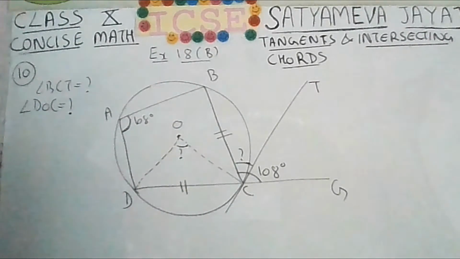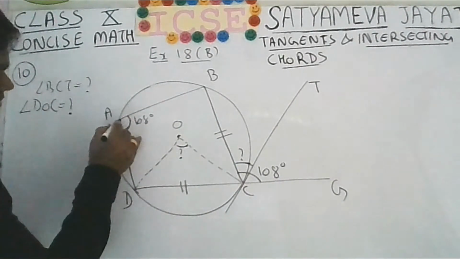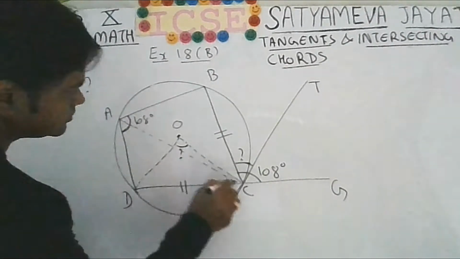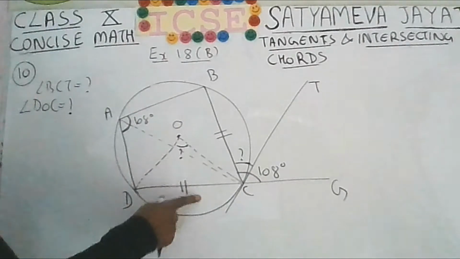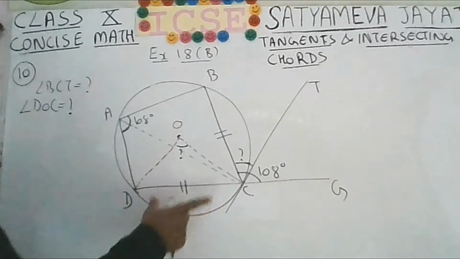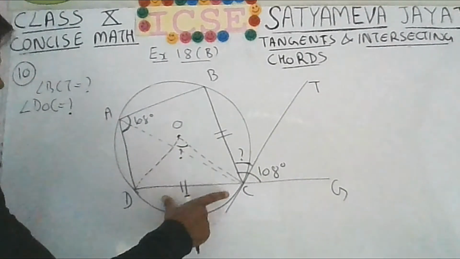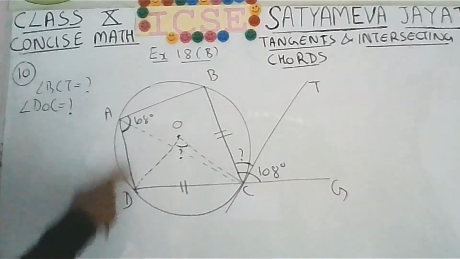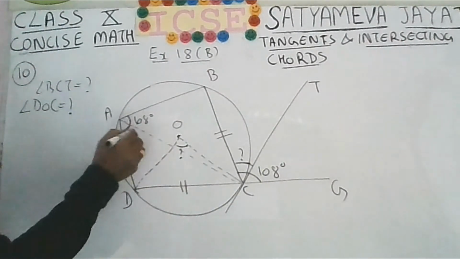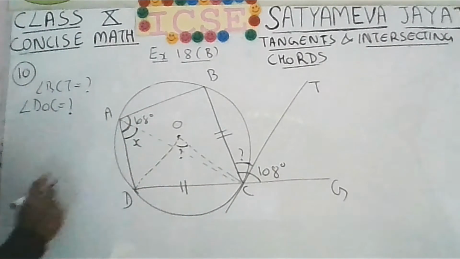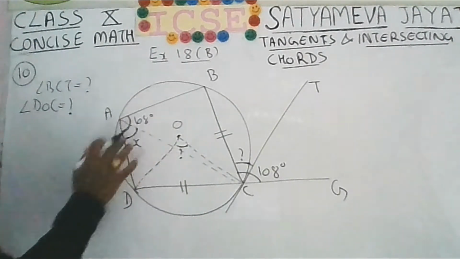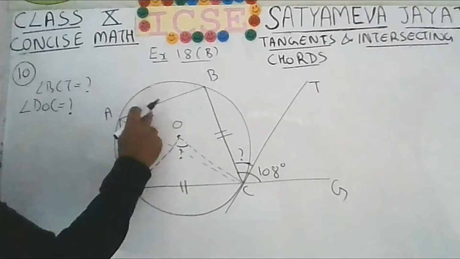So now what you can do is join the point A with C. This is a construction you have to do. Why are we doing so? Because it has been given that BC and CD are equal. You can see that CD is subtending some angle here at the point A, DAC. Let us call this angle X. As you know that the entire angle is 108, the remaining angle will be 108 minus X degrees.